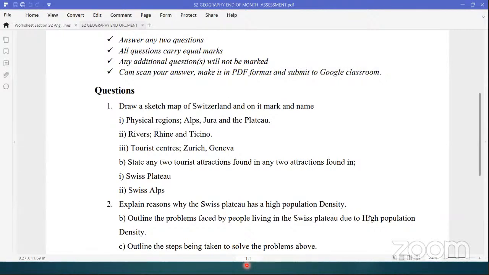Suitable climate. It's suitable for land.